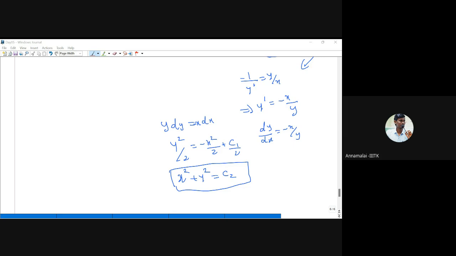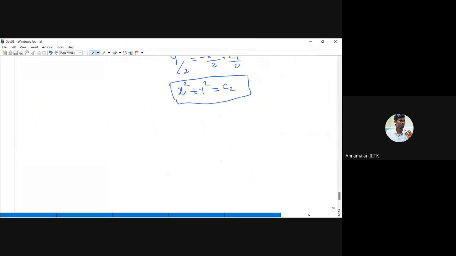We will discuss about it. That is y equal to c by x. So what is y equal to c by x? What is the curve? So second problem. Find orthogonal trajectories, OT, simply saying OT, of y equal to c by x.